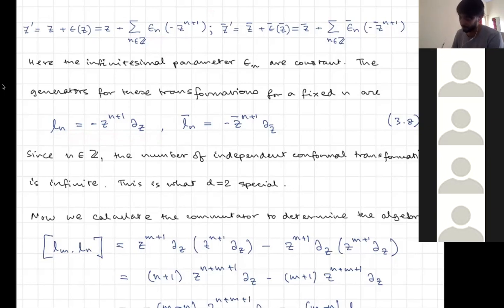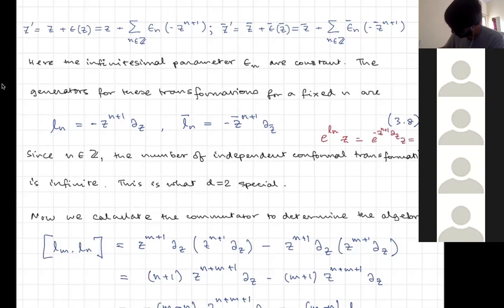The point essentially is to look at e to the l_n acting on z, and you'll see that if you just act it on z, this is just e to the minus epsilon z to the n plus 1 del z acting on z.